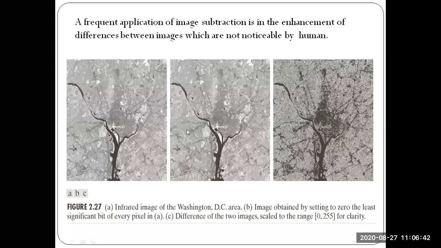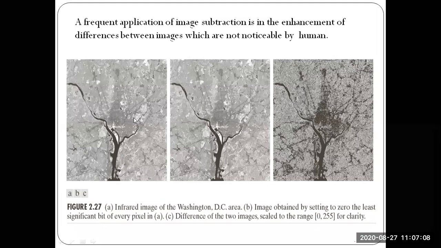Okay, so here the second image is also created by ourselves, but it is obtained from the first one. How are we obtaining it? Just by setting the least significant bit of all pixel values to 0. So the second image is definitely different from the first image. Of course, it is obtained from image 1, but it is different.